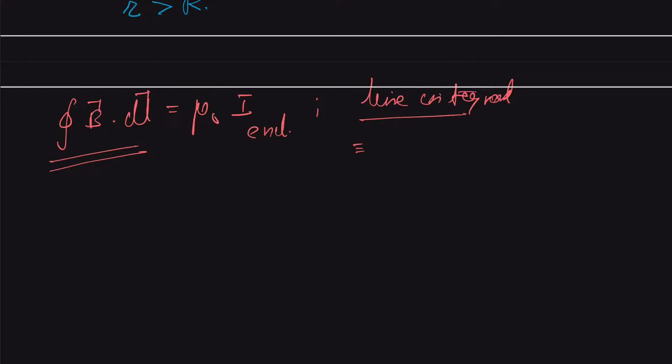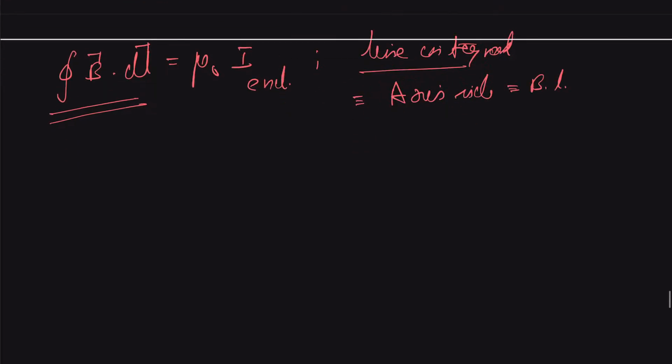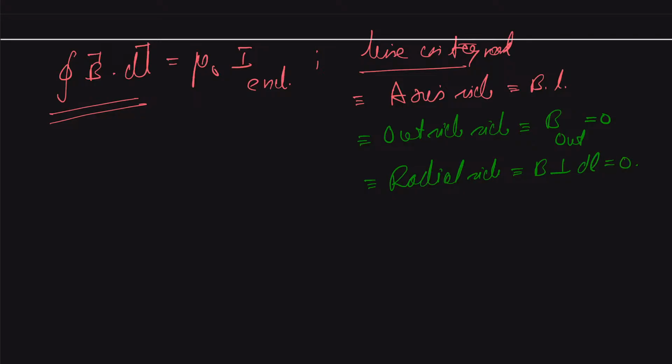So we have an axis side, and this axis side gives B dot L. Outside, the magnetic field will be equal to 0, just like a solenoid, and on the radial side the magnetic field will be perpendicular to the element dl, which gives us a value of 0.